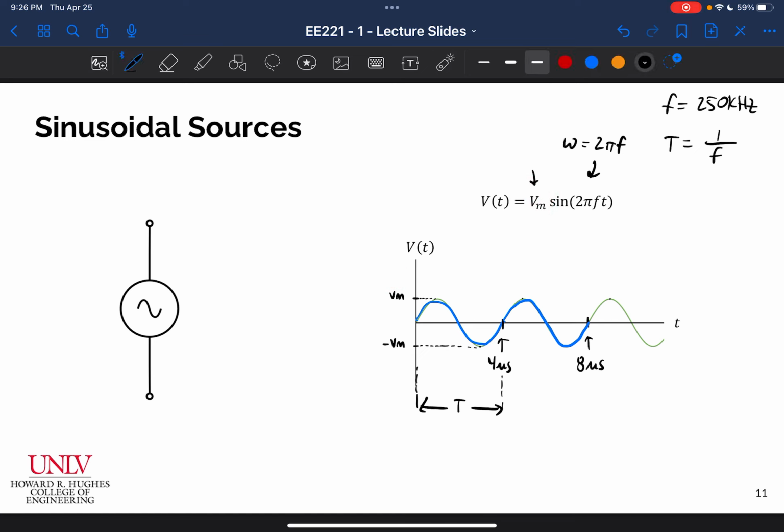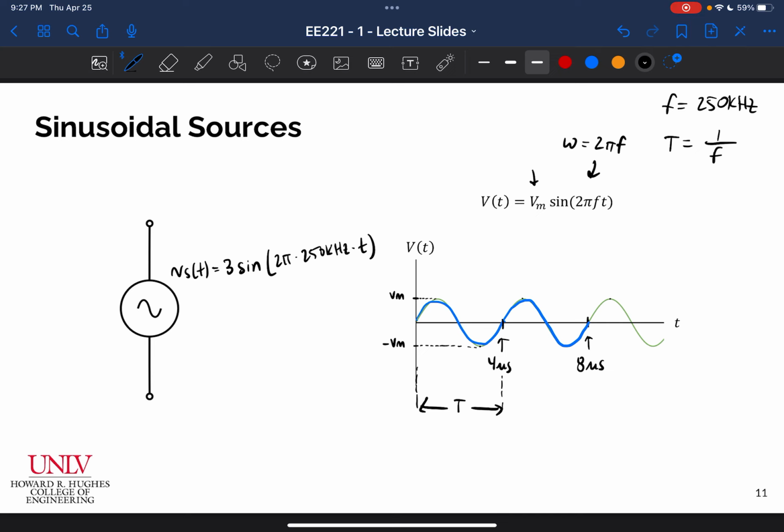So typically you'll see sinusoidal sources take this form. You would see something like Vs of t, and you'd see something like 3 times the sine of, in this case, 2 pi times 250 kilohertz times t.